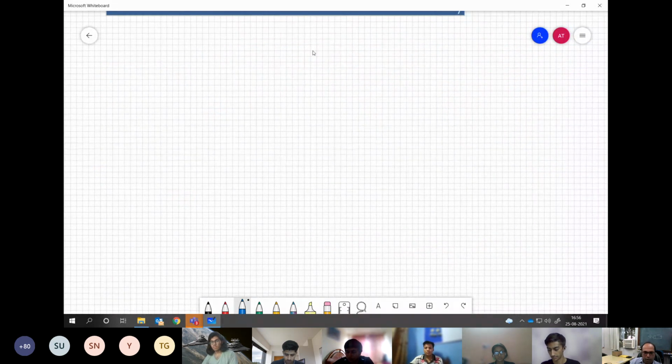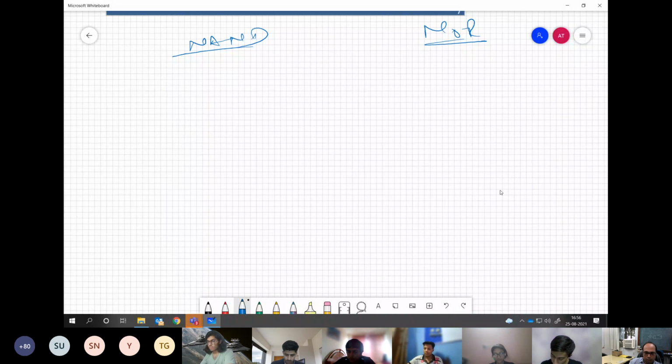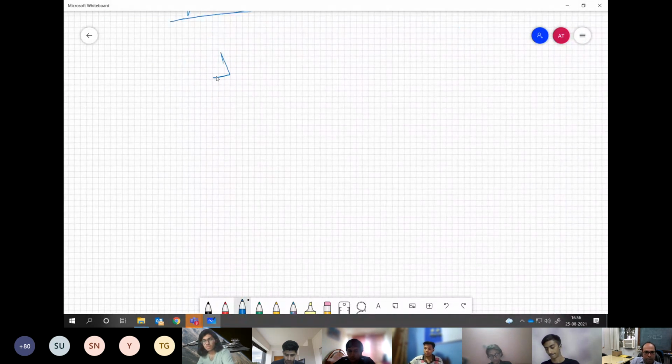Now, if we have to fabricate the NAND and NOR gates using this CMOS technology, again, that's very, very simple to do. So let me draw the circuit first and then ask you the question what that is. We have the PMOS at the top.